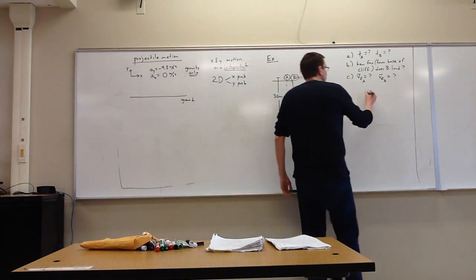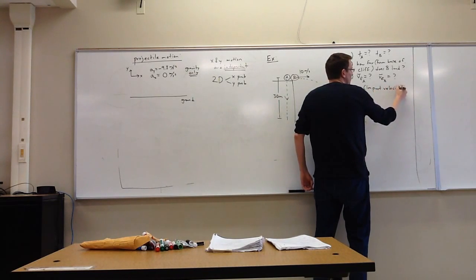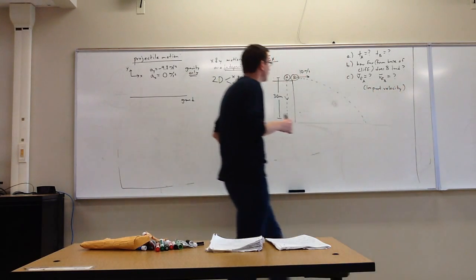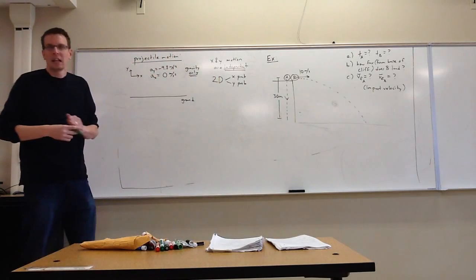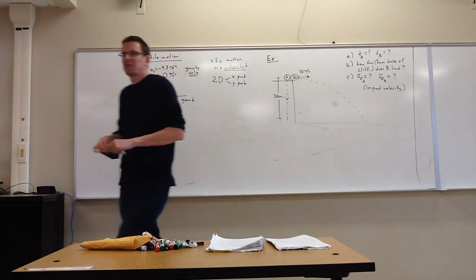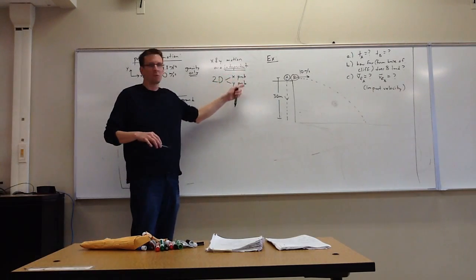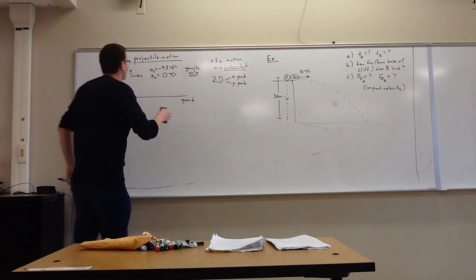So this is the impact velocity. And I'm going to show you that we can answer these questions by just thinking of the flights as two one-dimensional problems like this. Okay? So let's go ahead and do that.